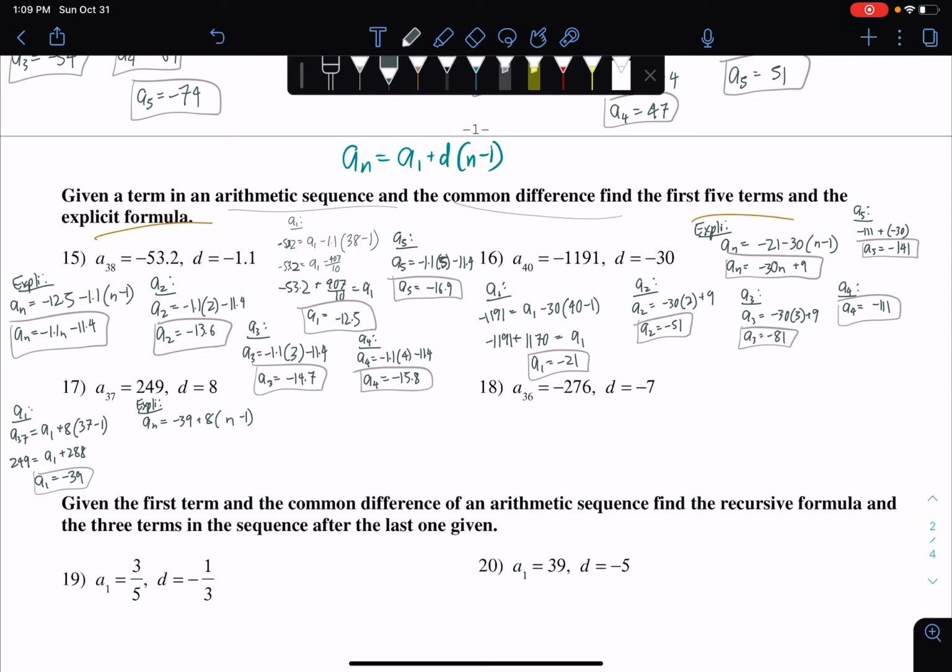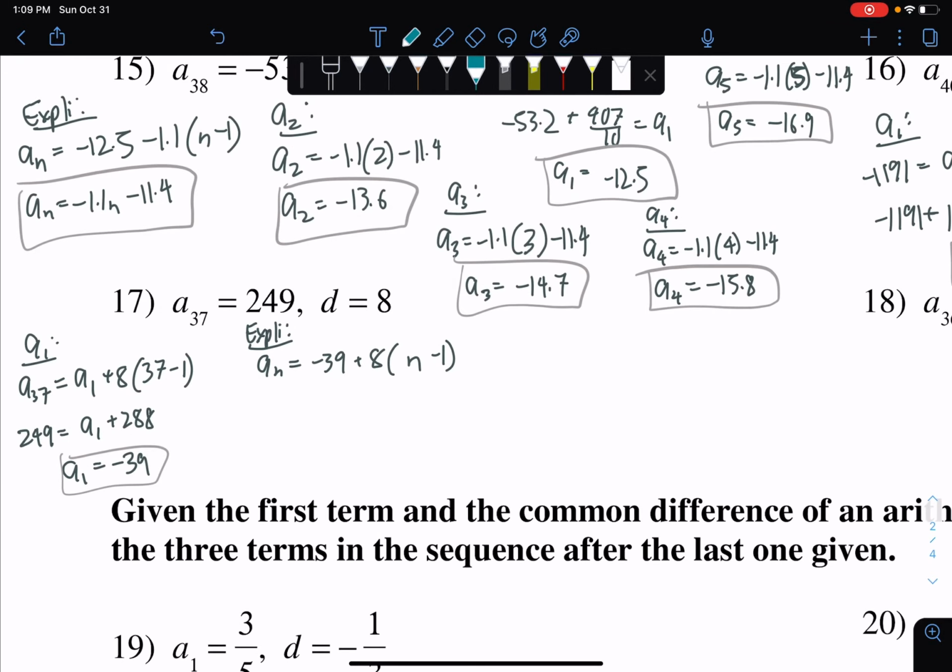Alright, I'm just checking if ever I got mistakes in the previous explicit formulas. So far, nothing wrong. Let's proceed. A sub n is equal to 8n.